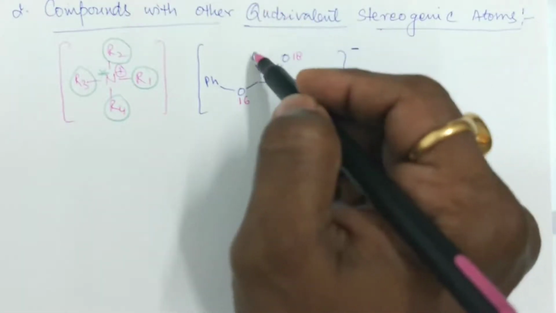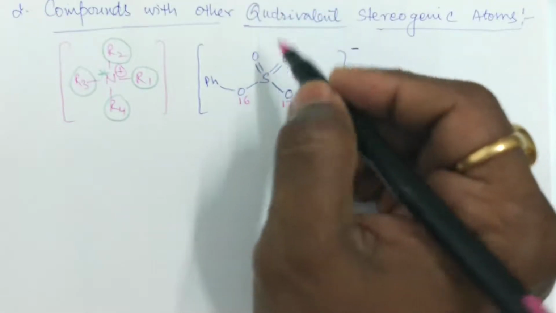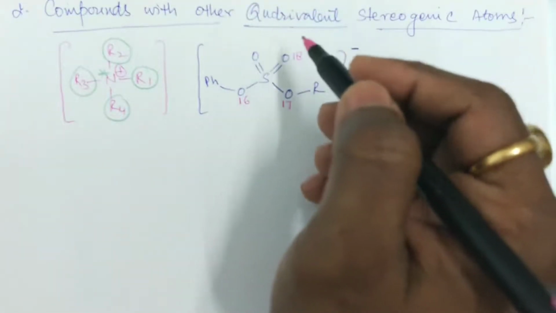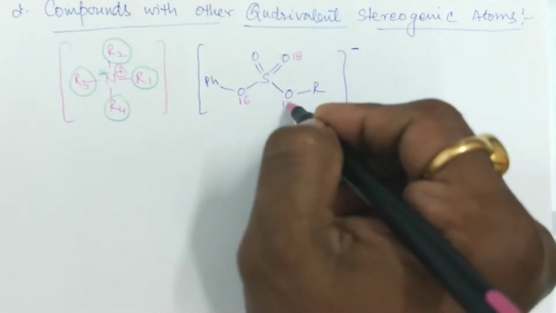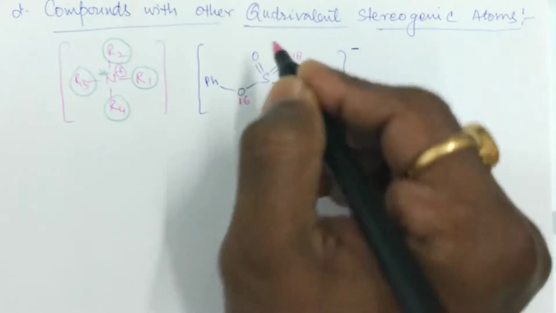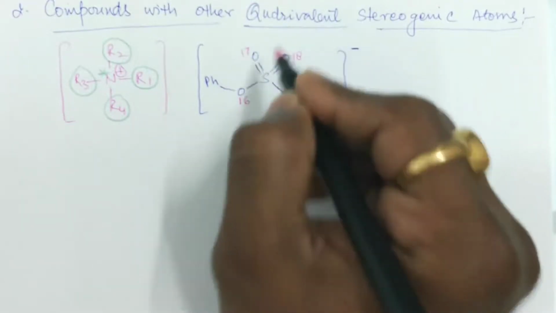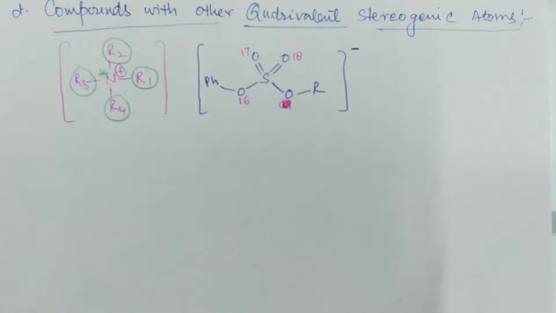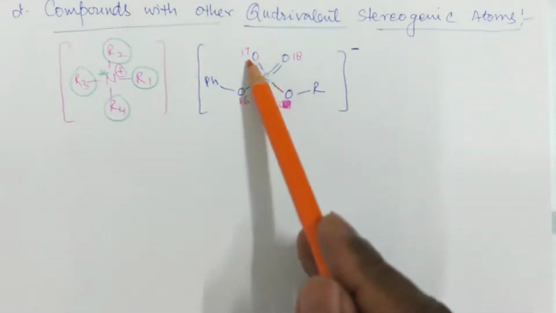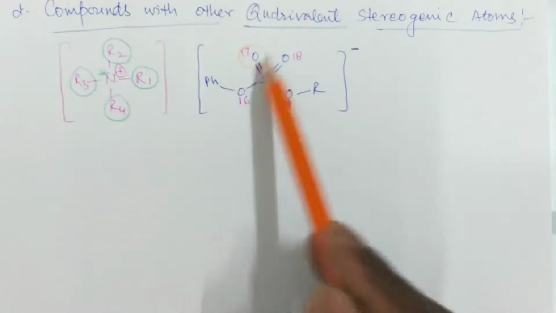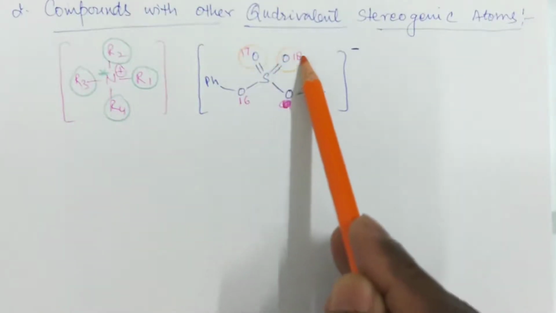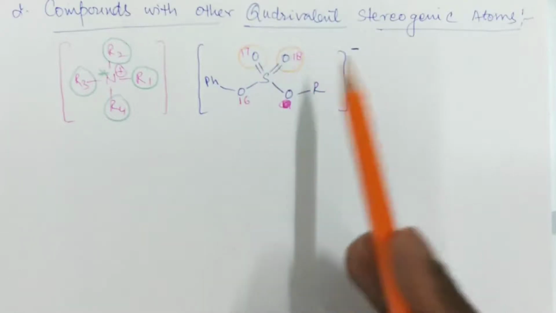Now see, this oxygen is isotope 17, this oxygen is isotope 18. So these two groups are different.